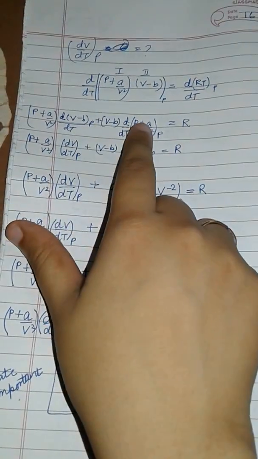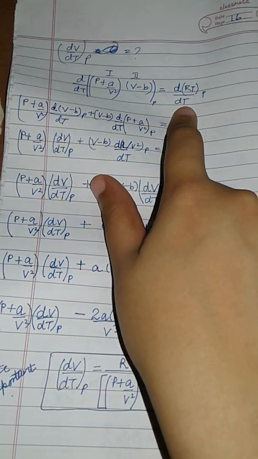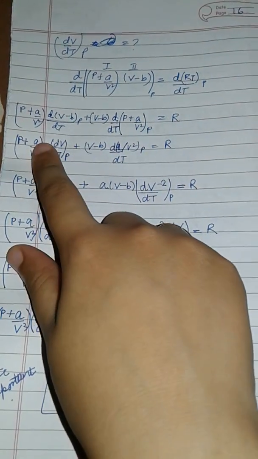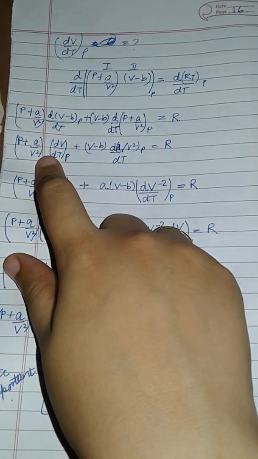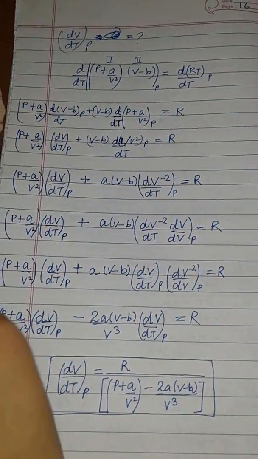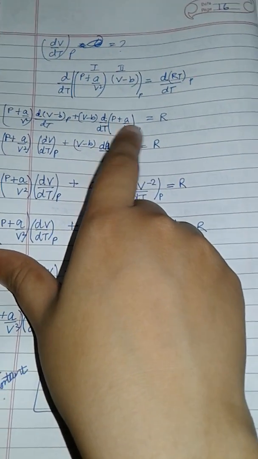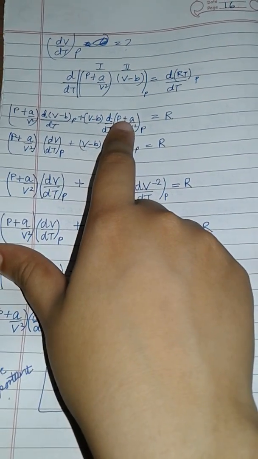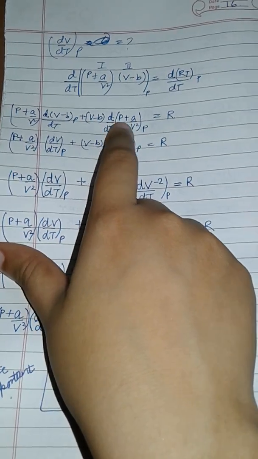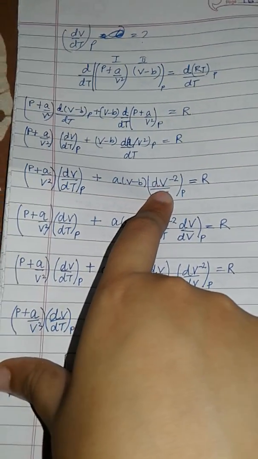This will become R, because T will be differentiated. Now b is a constant, it will be cancelled out. At constant P, a will be common. Then the equation becomes this.